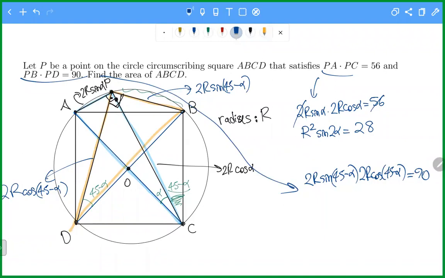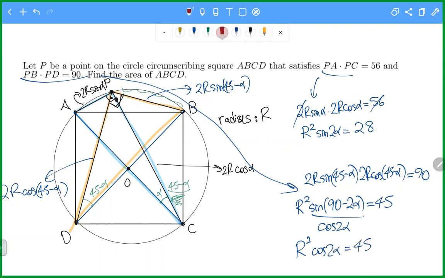And after canceling 2's and using the double angle formula, we obtain R squared sine 90 minus 2 alpha equals 45. This is cosine 2 alpha, right? So the last equation is R squared cosine 2 alpha equals 45.